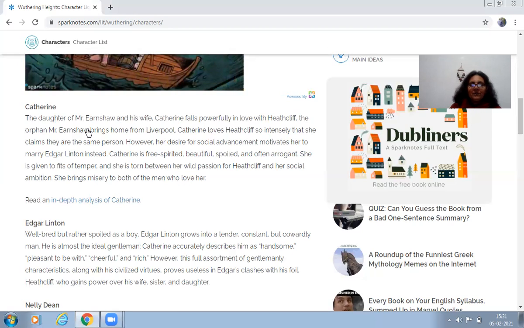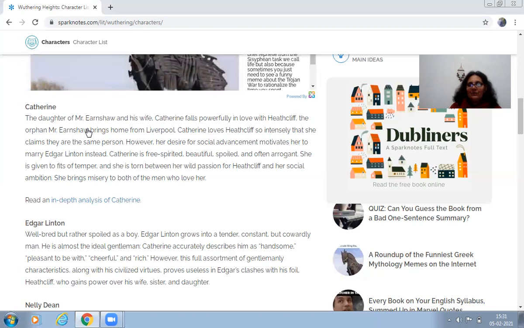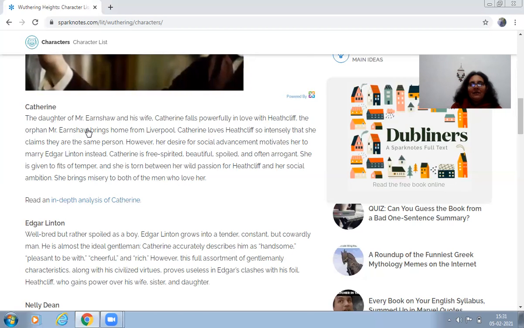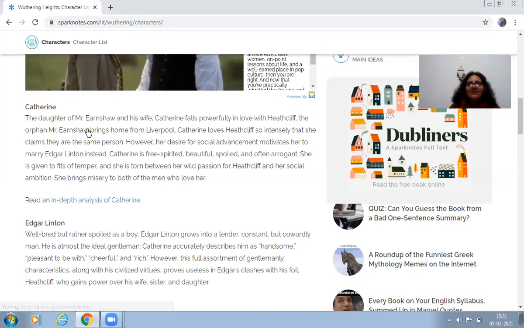Catherine is shown as a complex character. She is free spirited, she is beautiful, she is in love with Heathcliff, she is arrogant, and she is almost as wild as Heathcliff, but she marries Linton.